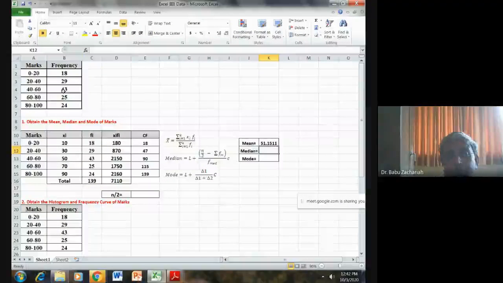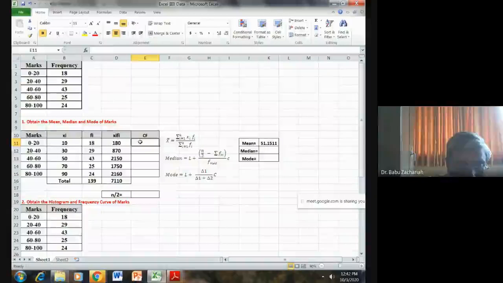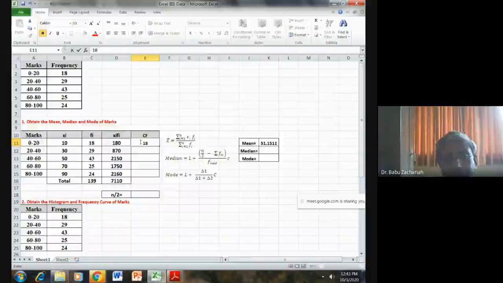For such a table, we get the cumulative frequencies. So how do you calculate the cumulative frequencies? I'll show you. The first frequency is the same as the cumulative frequency, so I can write the same there. For the second one, the previous cumulative frequency plus the present frequency will give this.